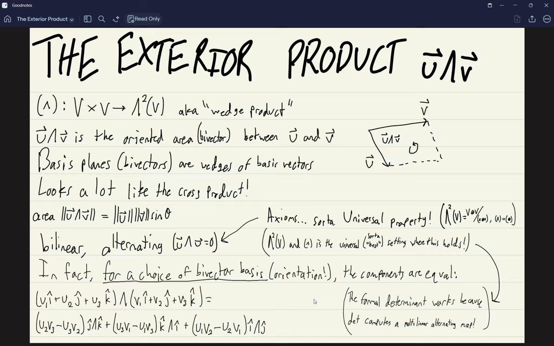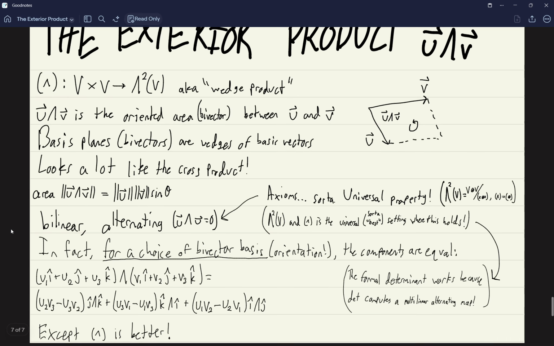That's how the determinant talks about hypervolumes: it works with a multilinear alternating map, and by the universal property of the exterior power, that is going to happen through these wedge product related setups.